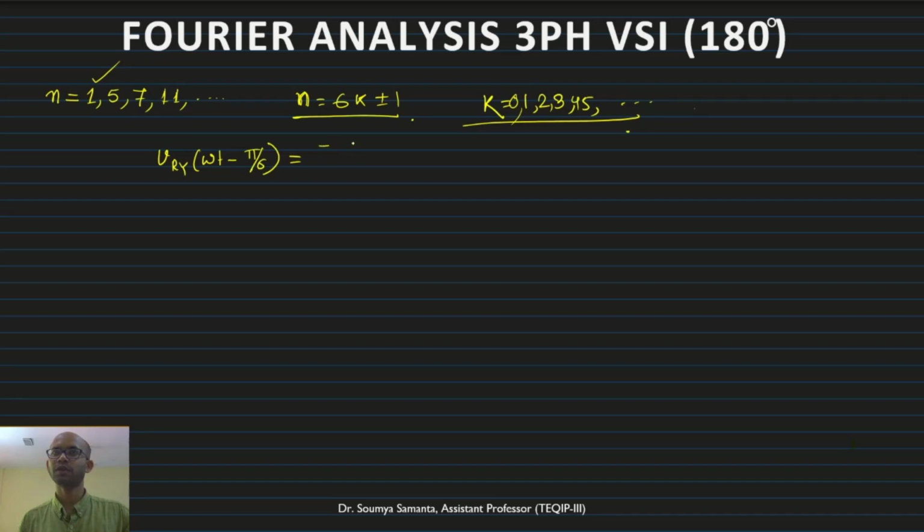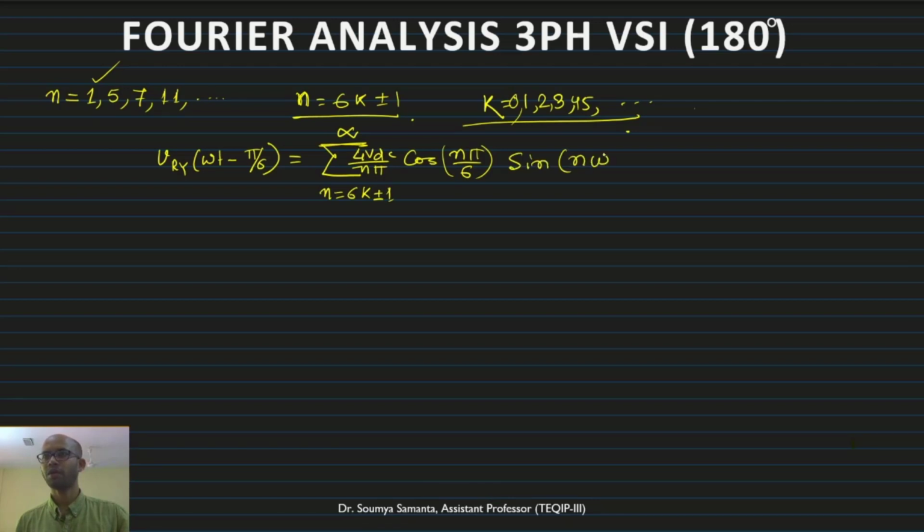The expression was 4 VDC by n pi, where n equals to 6k plus minus 1 to infinity, into cosine of n pi by 6, and then sine n omega t. This is the shifted waveform.